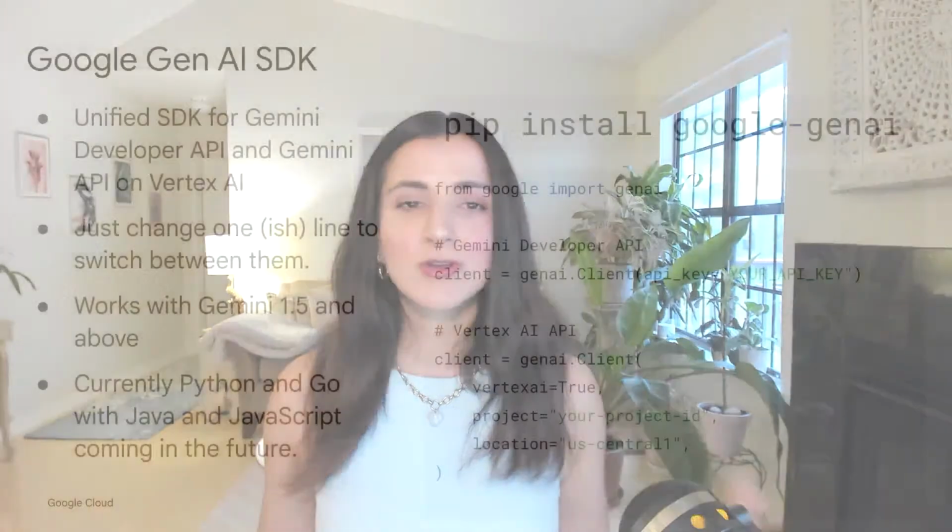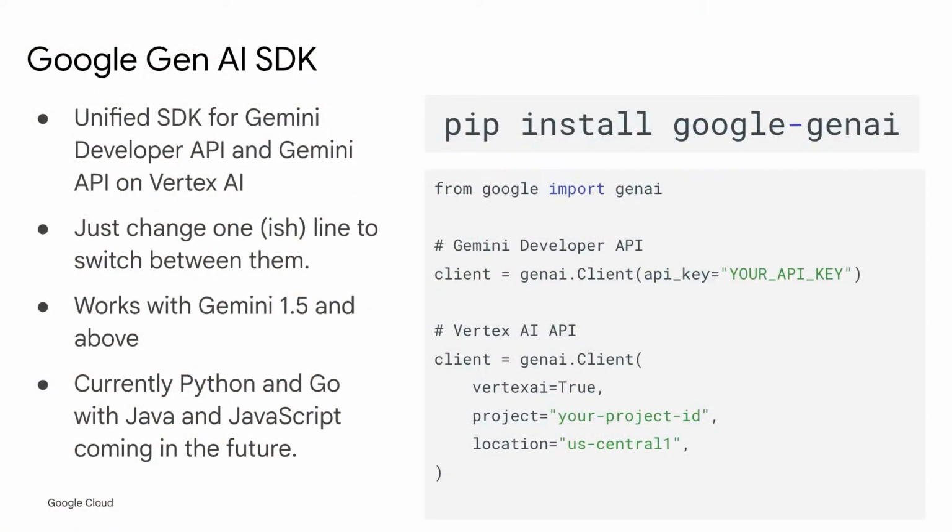And if you don't want to use a UI console type experience, but you're ready to just start building an application right away, or you just prefer to interact with models via code, you can use the Google Gen AI SDK, which is something we released at the end of last year. This provides a unified experience between the Gemini Developer API and the Gemini Vertex AI API. So if you've ever used Google AI Studio with an API key and then wondered how that's a little different from Vertex AI Studio, this Gen AI SDK provides a much more seamless experience between the two different APIs.